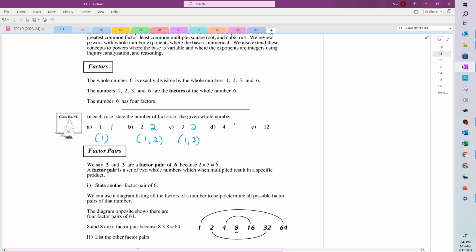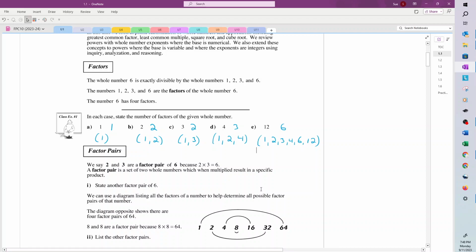The number 4 has 3 factors, 1, 2, and 4, because you can do 1 times 4 or 2 times 2 to get 4. And 12 has 6 factors: 1, 2, 3, 4, 6, and 12. 1 times 12, 2 times 6, 3 times 4. Those all make 12, and those are the only things you can multiply to get 12.